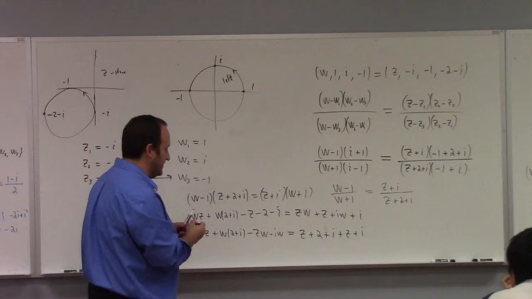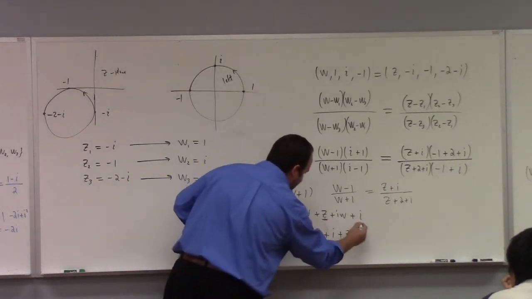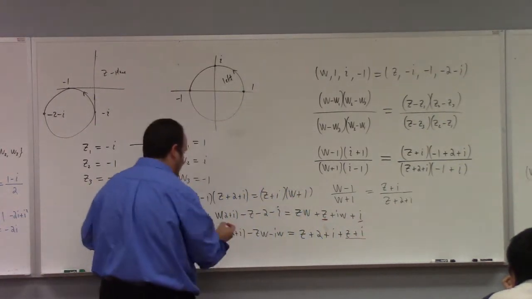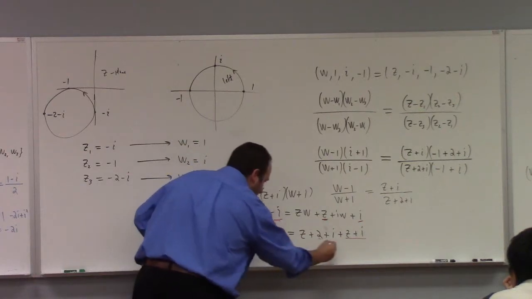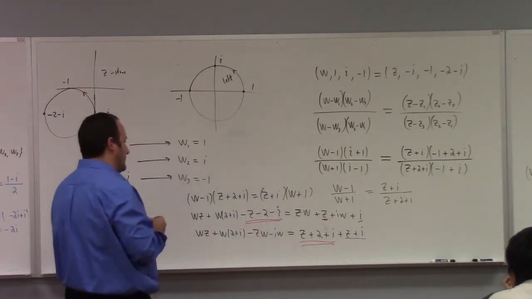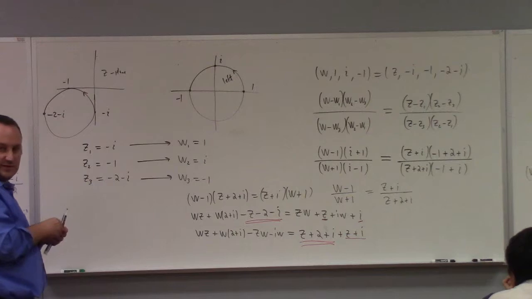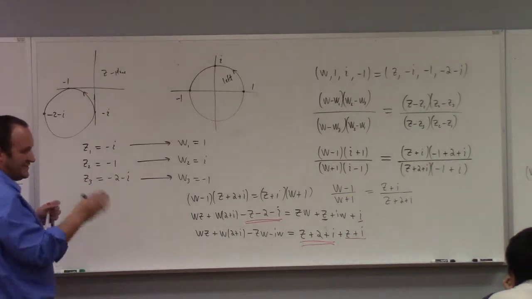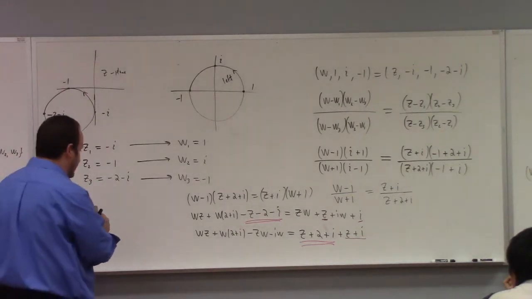I kept this z and this i down here, but these ones moved over there, and I moved the w terms all to one side. That's what I did. So you want to isolate w, that's our game. I'm trying to isolate w.